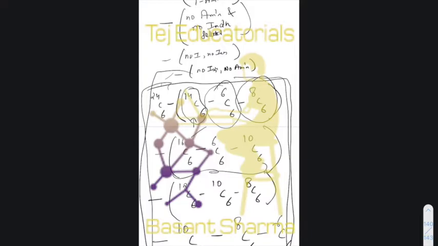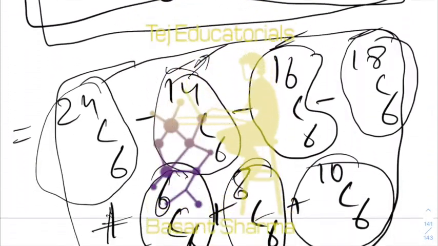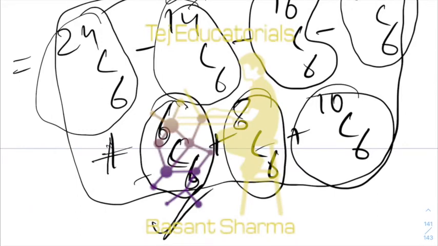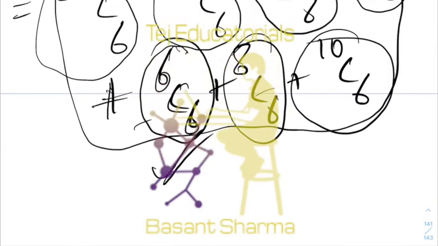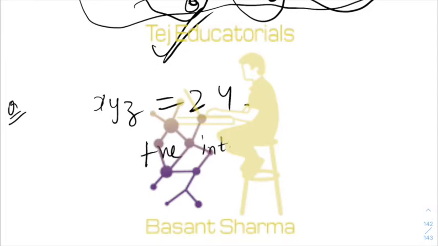Okay, and if you simplify it, you will get this thing. All right. Now let's move ahead. Let's say we have the equation xyz equal to 24, and I want to find the total number of positive integral solutions.